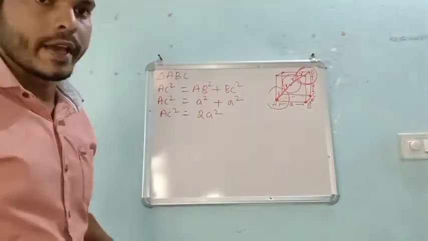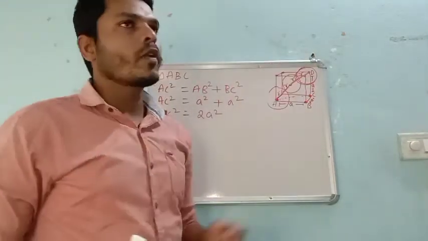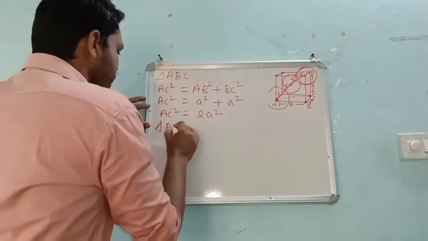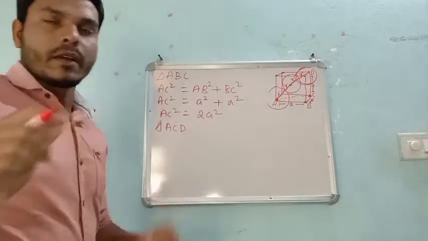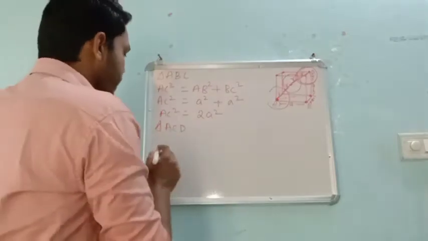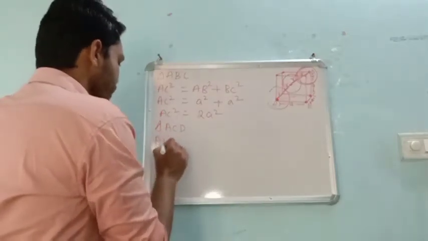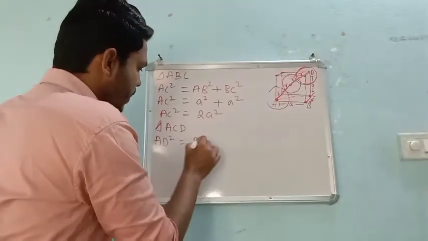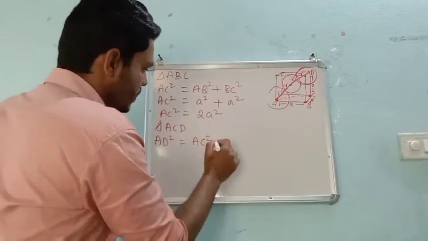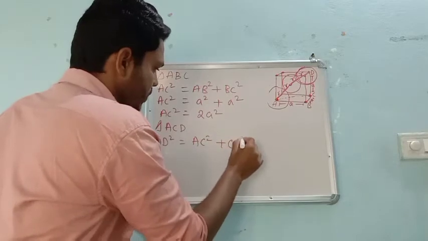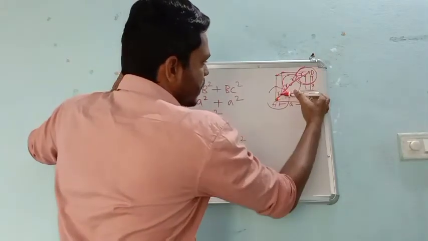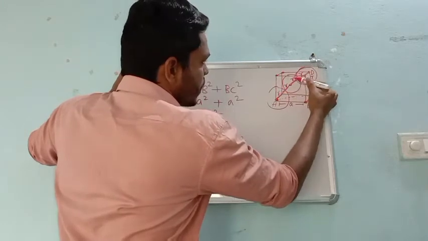So now there is one more triangle for us, triangle ACD, right? Again according to Pythagoras, AD square is equal to AC square plus CD square. Now you check A to D, how many R's are there? 1, 2, 3 and 4.